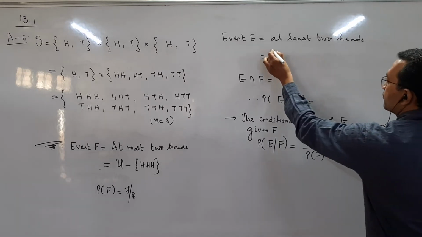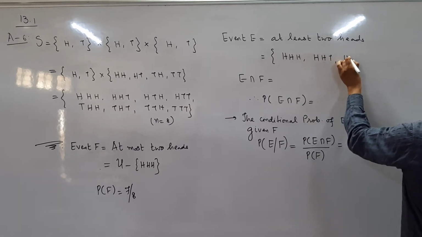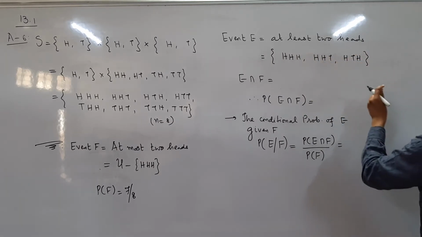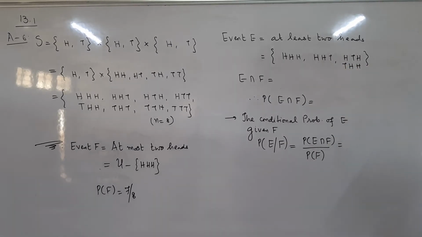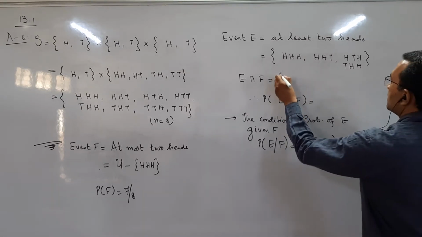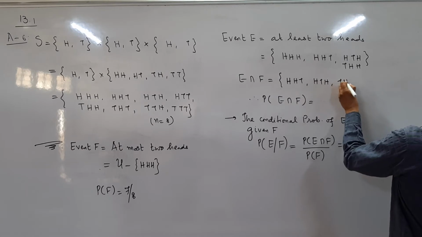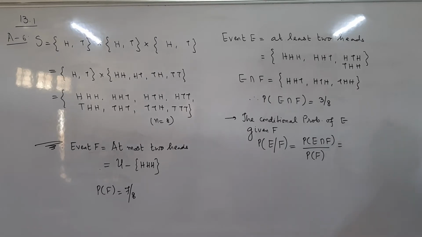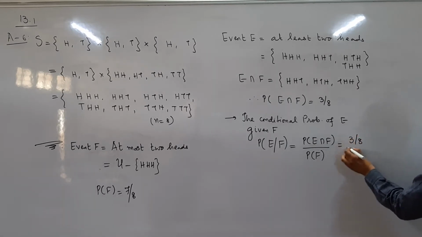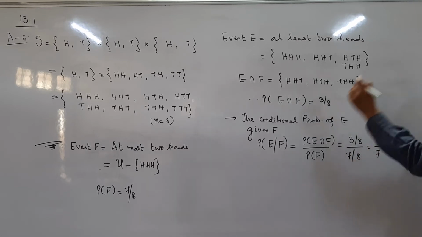So these are HHH, HHT, HTH, and one more, sorry, THH. So at least 2 heads means elements with 2 heads and 3 heads. So E intersection F will be HHT, HTH, and THH. So this probability will turn out to be 3 by 8. So the final answer is 3 by 8 upon 7 by 8, and that turns out to be, students, 3 by 7.